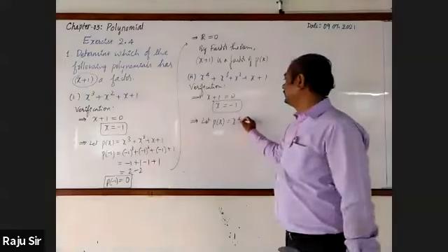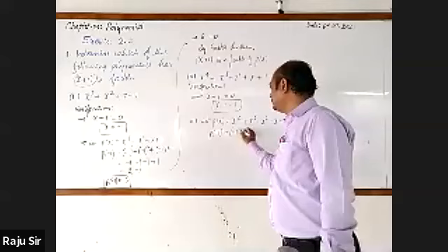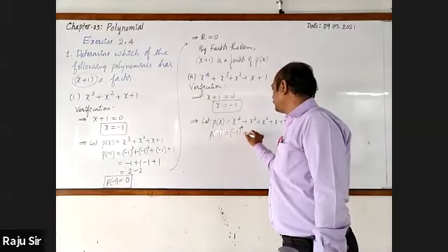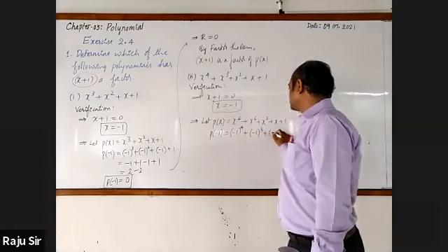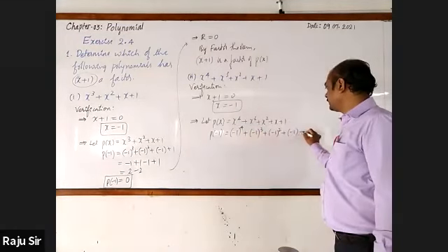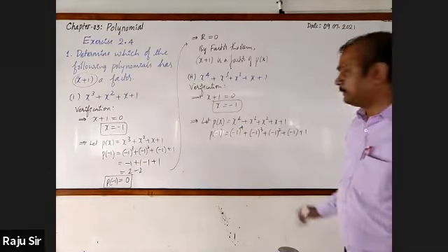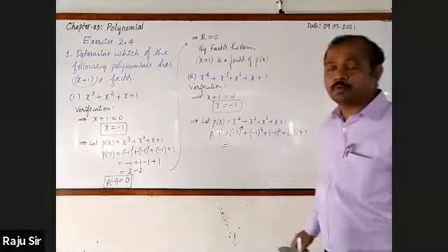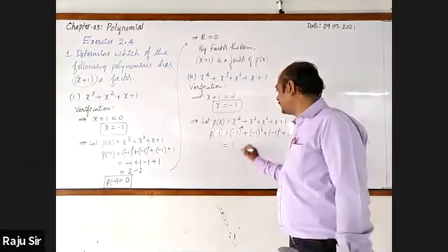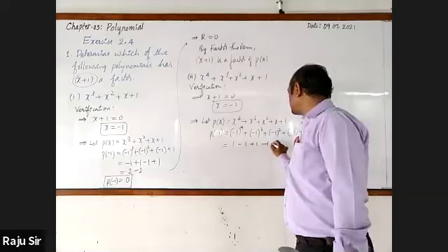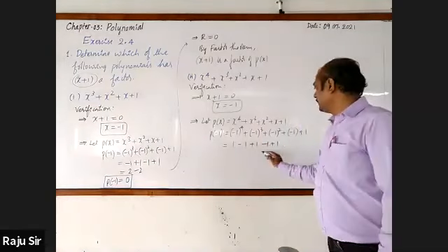Assume the given polynomial as p of x, which is equal to x raised to the power 4 plus x cube plus x square plus x plus 1. p of -1 is (-1) whole raised to the power 4 plus (-1) whole cube plus (-1) whole square plus (-1) plus 1. (-1) to the power 4 is plus 1, plus 1, minus 1, plus 1.